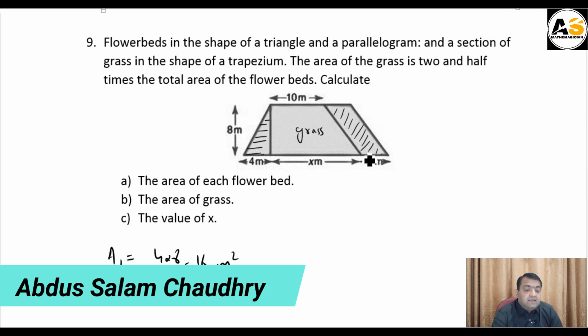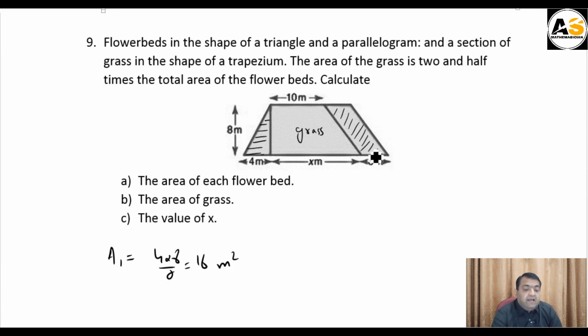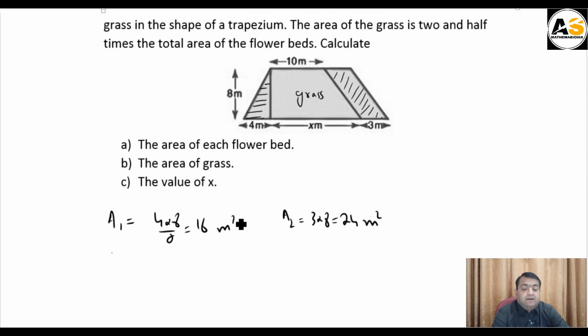Base is 3 and its height is the same, 8. So its area will be equal to 3 into 8, 24 square meter. So total area of flower beds is 16 plus 24, 40 meter square. We are done with part 1.